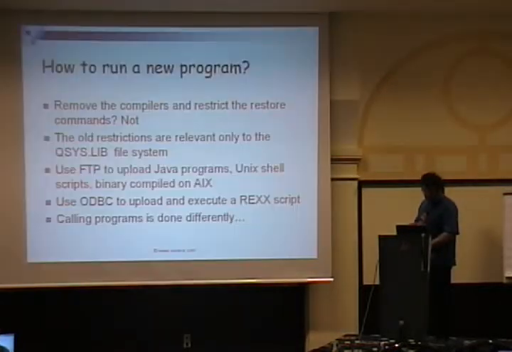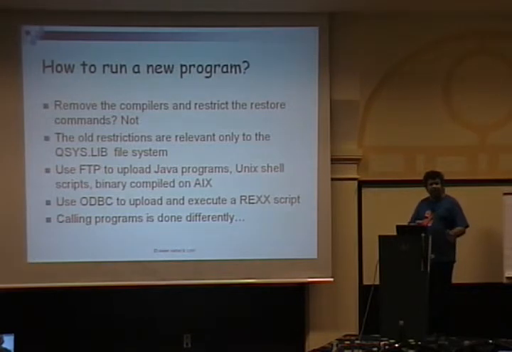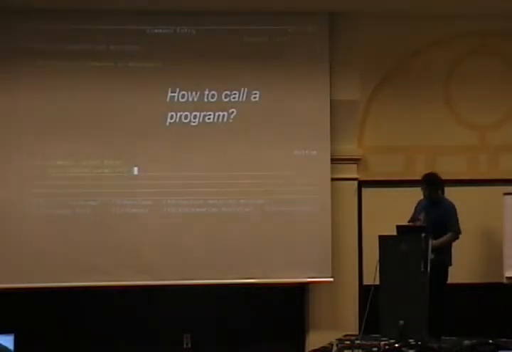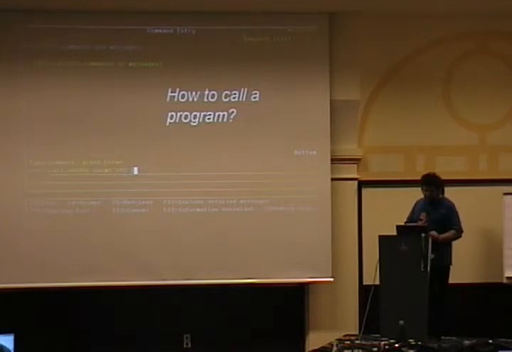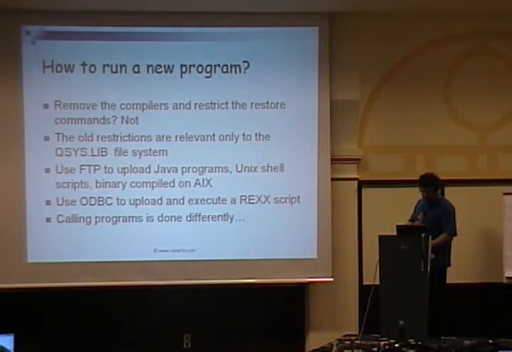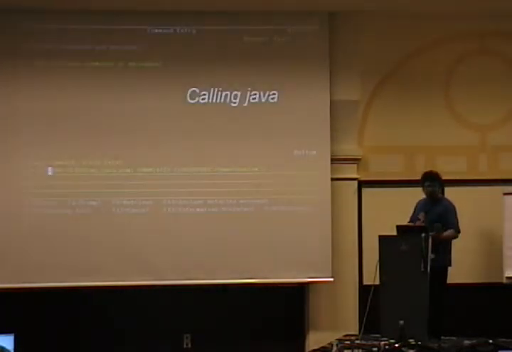And of course, the answer is that it's not enough. The old restrictions are only relevant to the qsys.lib file system. So what's stopping me from uploading a Java program and executing it? To call a regular program on the AS400, I do the call command. To execute a Java program, it's a completely different creature.